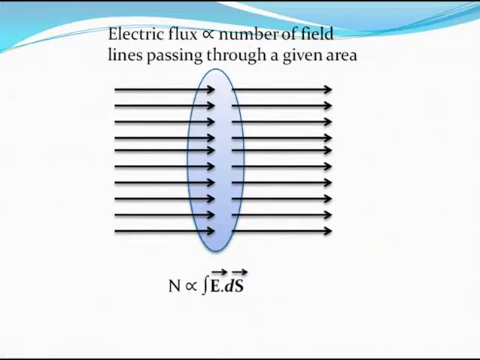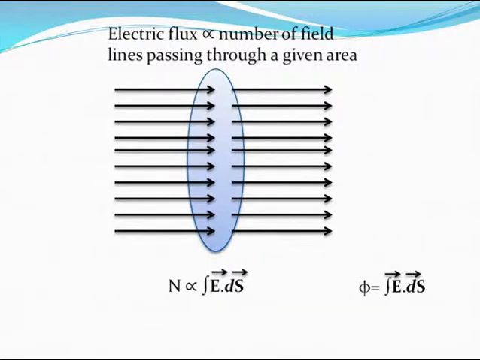Now, since the number of field lines is proportional to integral E dot ds, and since the electric flux is proportional to the number of field lines passing through a given area, therefore, the final formula of the electric flux is integral E dot ds. So the electric flux is basically the dot product of the electric field vector and the area vector.